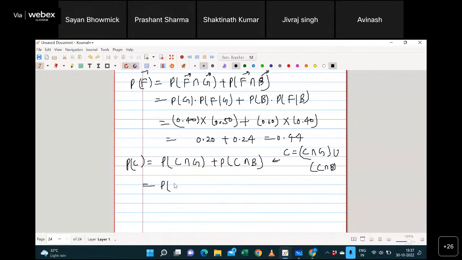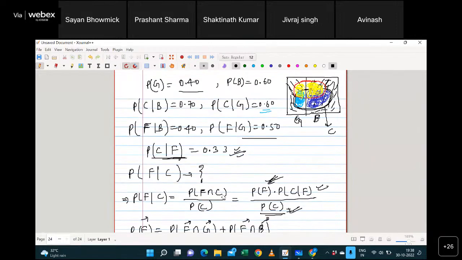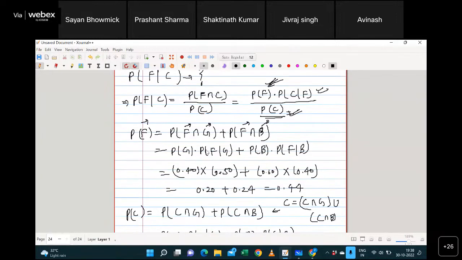By the multiplication rule, I can write probability of girls into probability of C given G, plus probability of boys into probability of C given B. Probability of girls is 0.4, and probability of C given G is 0.6, and C given B is 0.7.